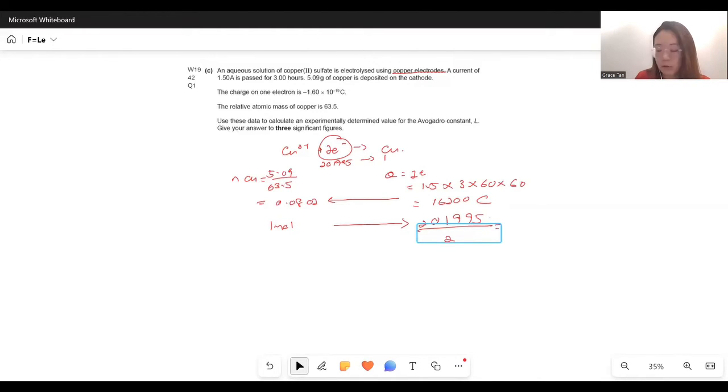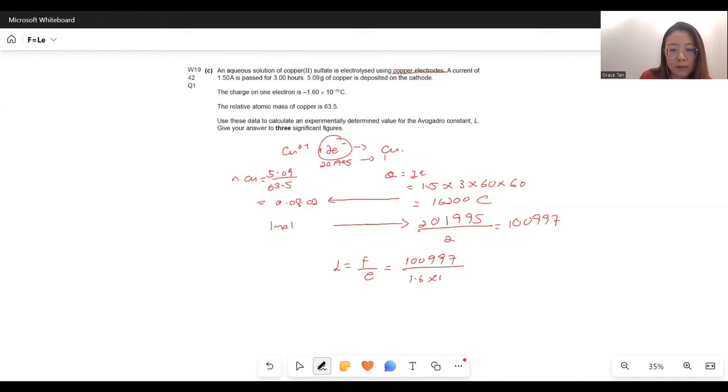So 1 mole of electrons is 100,997, per electron. Then you can conveniently take L equals F divided by E, where your experimental Faraday is this number, divided by 1.6 times 10 to the power negative 19 given in the question.